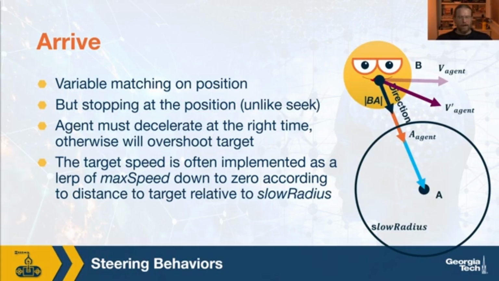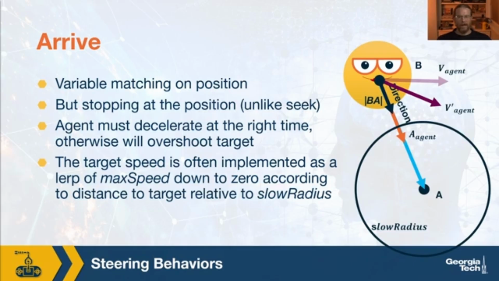This is often achieved by determining a slowdown radius. Once the agent is within the slowdown radius, there will be a linear interpolation, or lerp, calculated going from the maximum speed, because that's the fastest the agent could be going, and we'll scale that down to 0 according to the distance. So a distance from the point of 0 would be matched with a speed of 0.